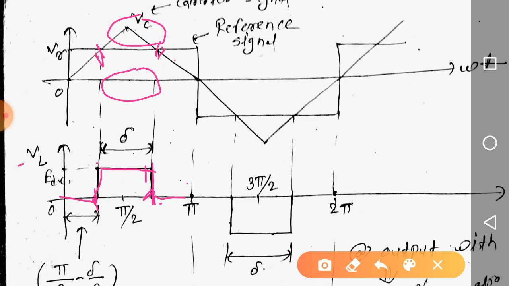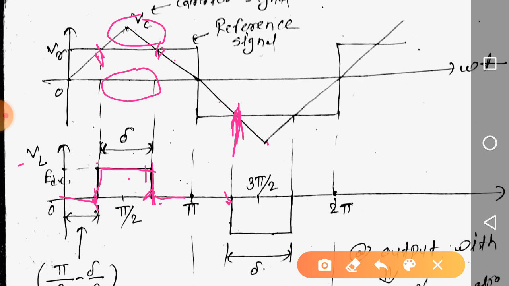Next, similarly, after this instant, again the magnitude of VC becomes greater than VR. Because here we have the positive cycle, similarly we need to generate the negative cycle. So when VC becomes greater than VR, we are going to turn on the switches S3, S4 now.